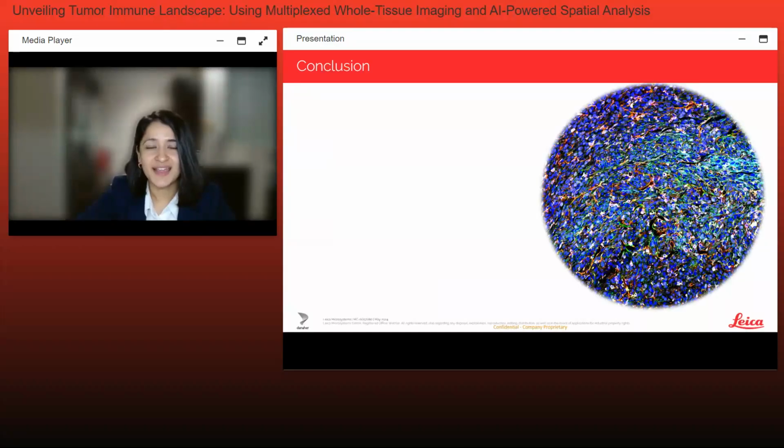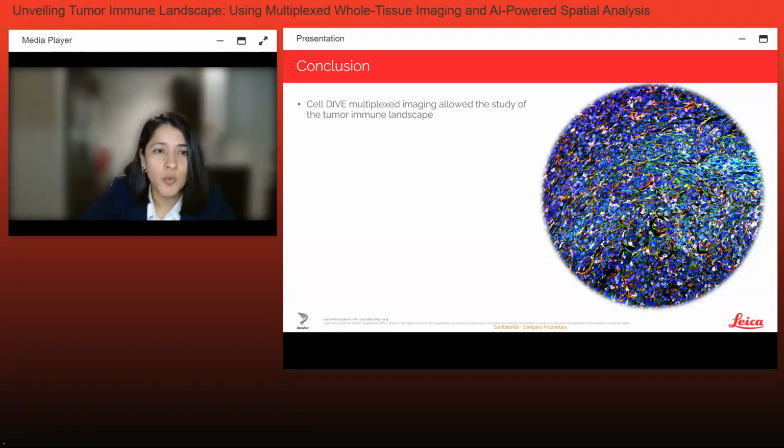And in summary, what we find is that Cell DIVE multiplexed imaging allowed this larger study of the tumor immune landscape and the molecular characteristics, specifically as delineated by the expression of the hypoxia marker GLUT1.